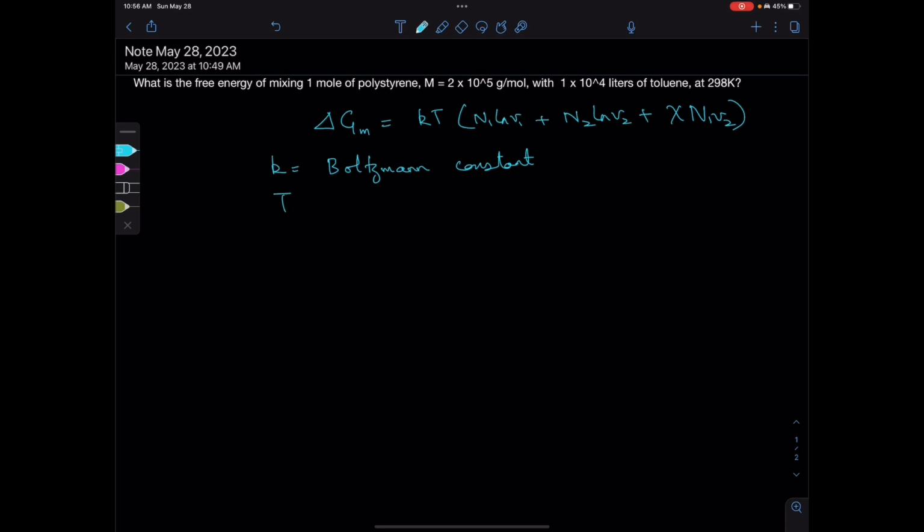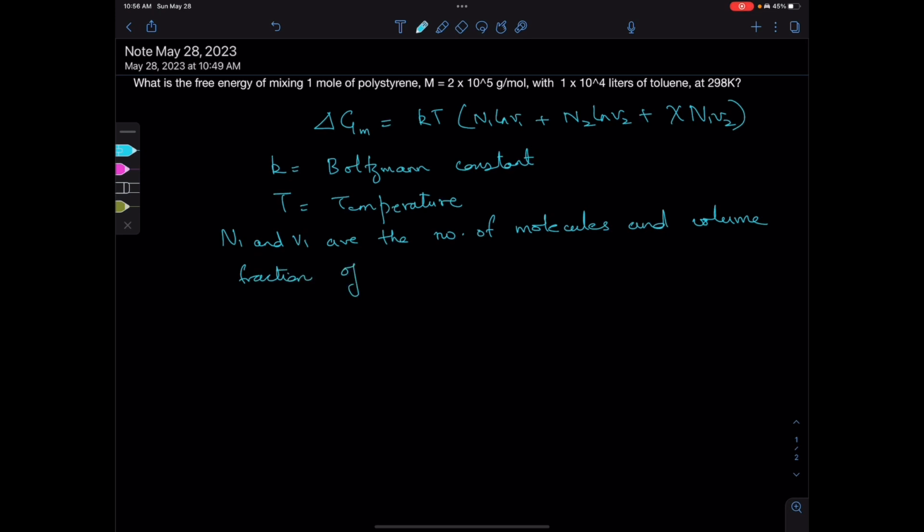T is the temperature, N1 and V1 are the number of molecules and volume fraction of the solvent.